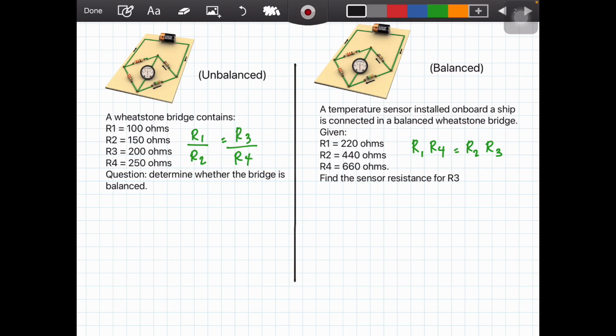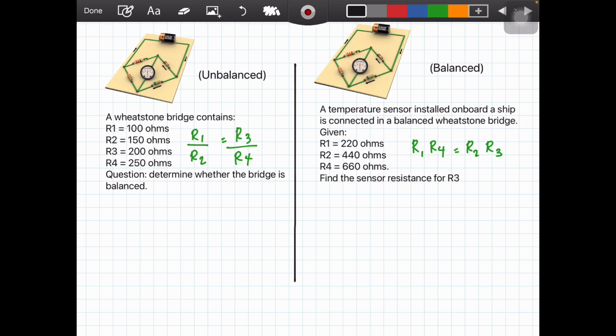We only need this formula, because we have four given resistors for the unbalanced one. Nothing is missing. It's complete. So, if it is complete, we use this formula.